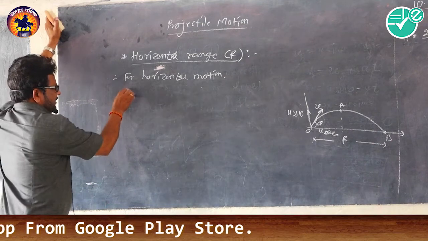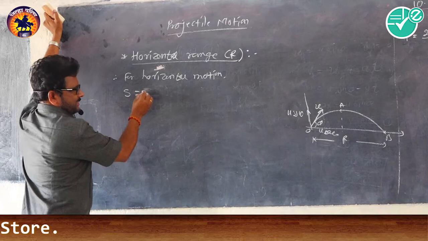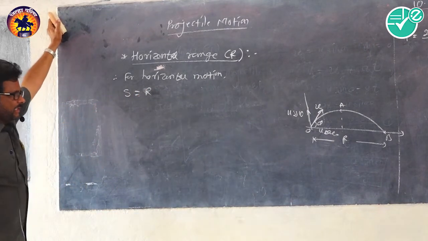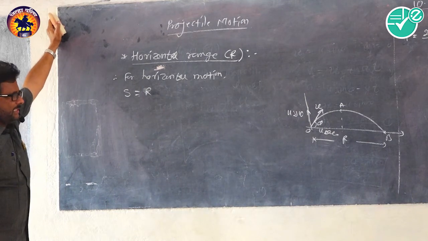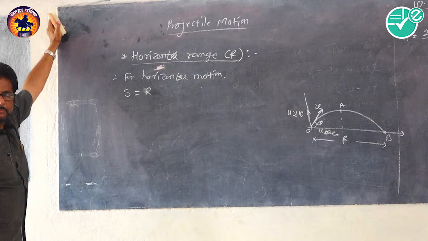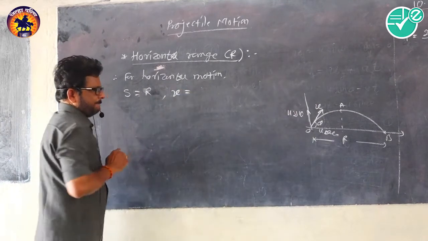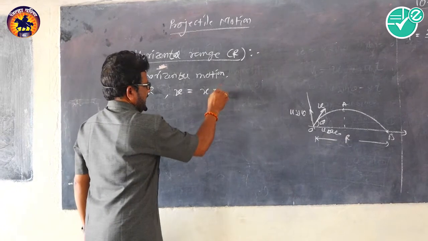So here S is equal to R. The distance along the x-axis, S, is equal to the range of the projectile R. Initial velocity u is equal to u sin theta.